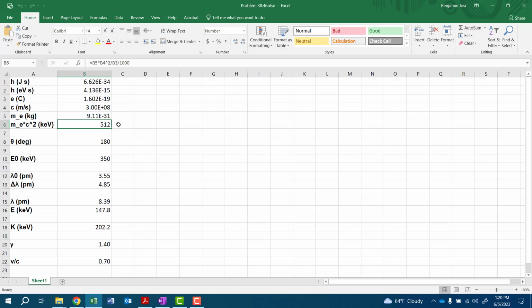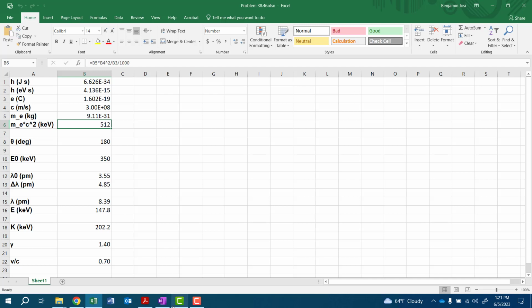That's the rest energy, mc squared, of an electron. And we see now that the electron acquired a kinetic energy that's almost half of that. So it's not greater than or equal to the rest energy, but it's still the same order of magnitude. If it's even the same order of magnitude, in this case a little bit less than half of the rest energy, you need to use relativistic kinematics.